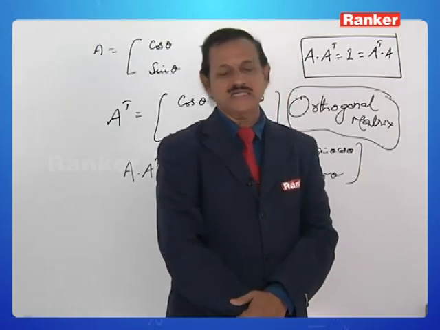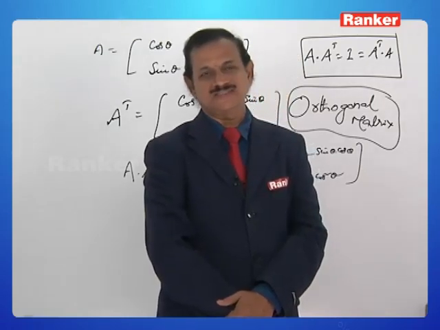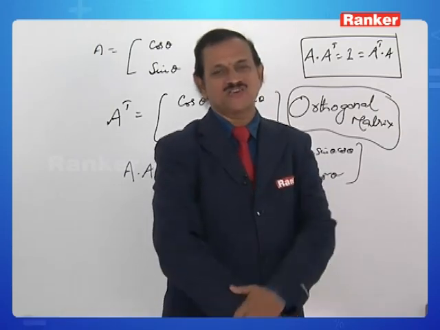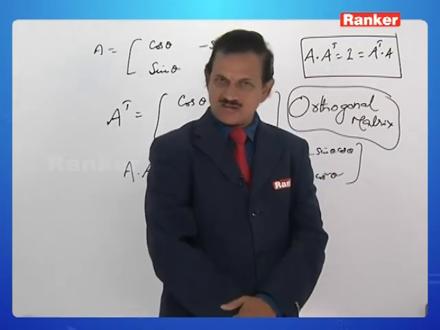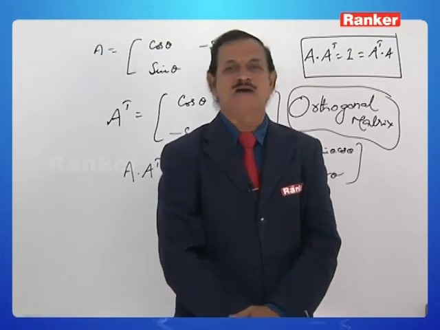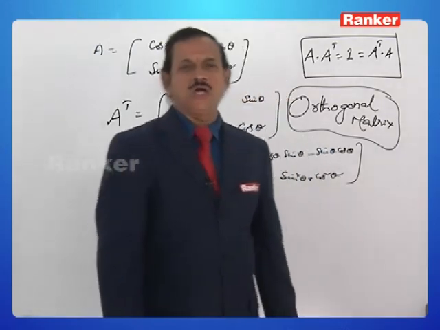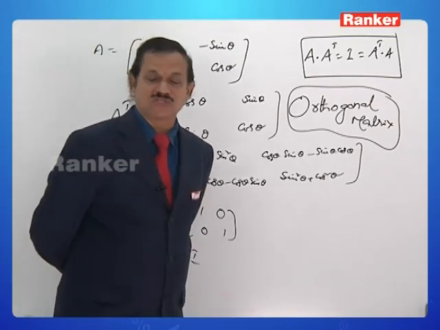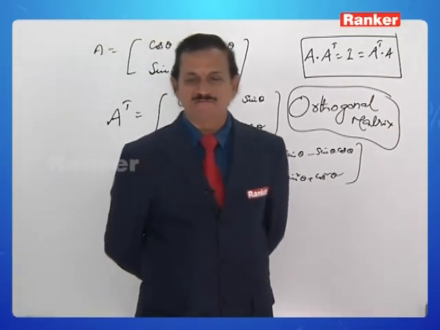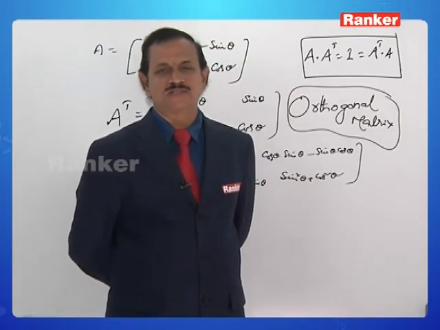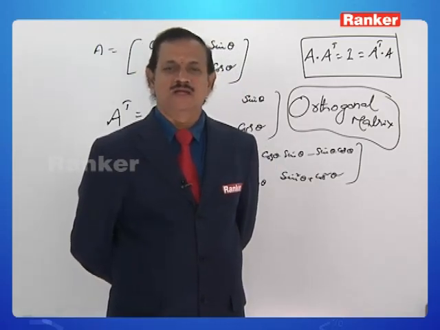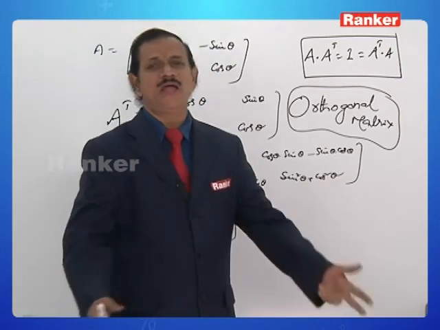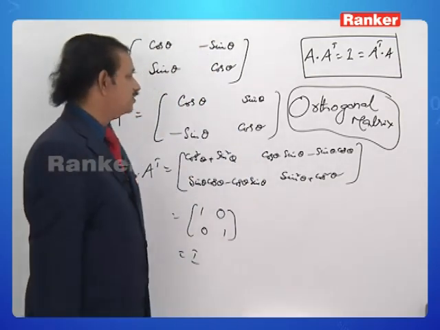Such square matrices, whose product with their corresponding transpose gives rise to the identity matrix of the same order, are called orthogonal matrices. In brief, if A is a square matrix, then A is called orthogonal if A into A transpose is equal to I is equal to A transpose into A.